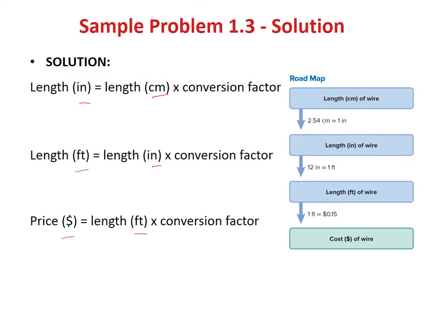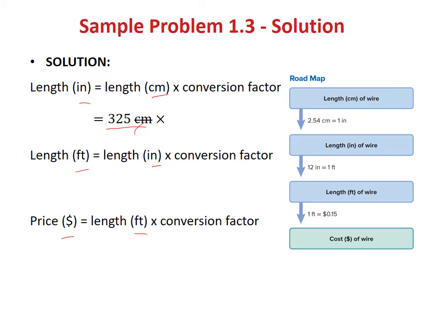We always start with the known value, in this case 325 centimeters, which is given. That's the number we start with, and then we multiply by a conversion factor. We want to remove centimeter and replace it with inch.